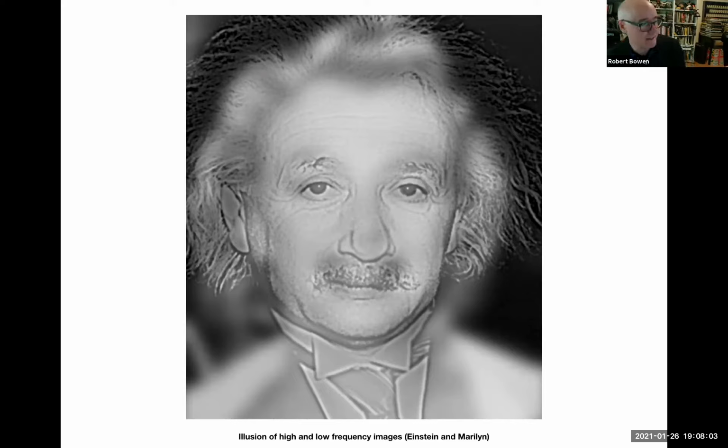The way to look at this is that high frequency information is sharp stuff, and low frequency is blurry stuff. So you have Einstein in this high frequency sharp drawing, and below Einstein is the face of another icon, Marilyn Monroe, who is shown in low frequency.